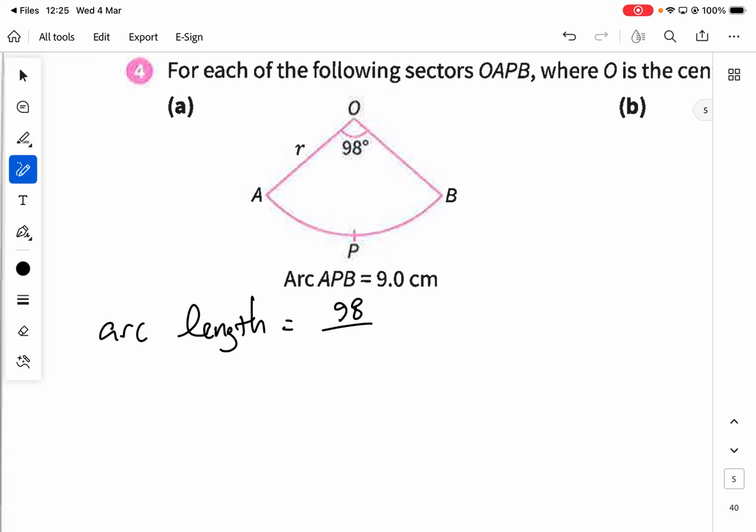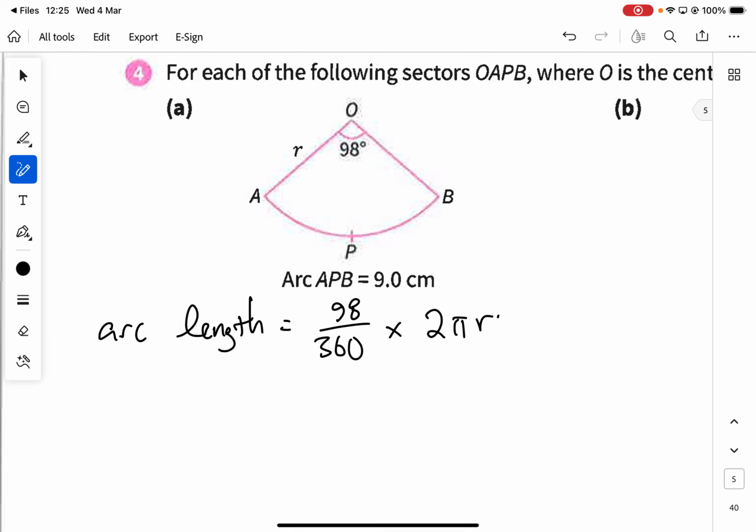Okay, 98 over 360. Then multiply 2 multiply pi, I will get 1.7104226667. You only got 6, 7 already.